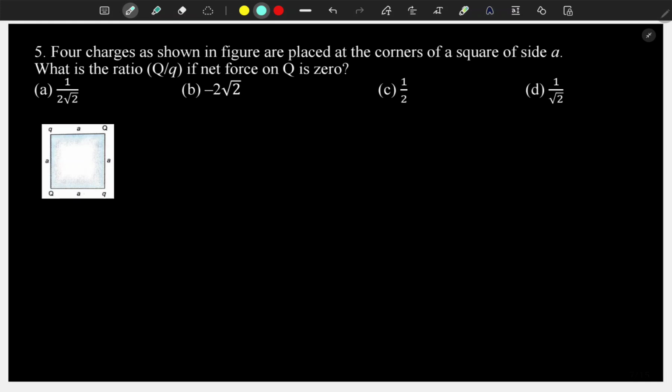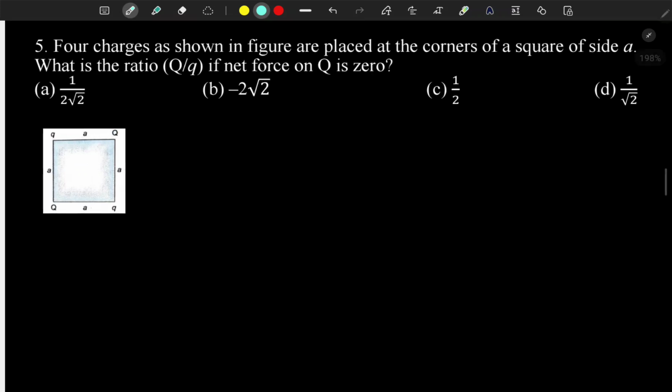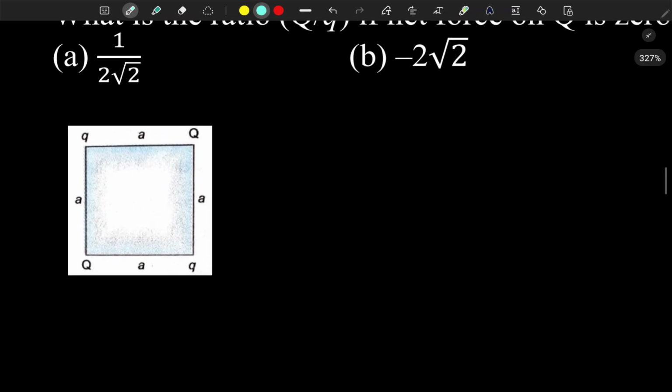Here if you consider the net force acting on the capital Q is 0, then you may have to consider the force acting on capital Q due to small q, let's consider in this direction, is F, that is kq into capital Q, and to balance that, small q charges experience force in the opposite direction like this.